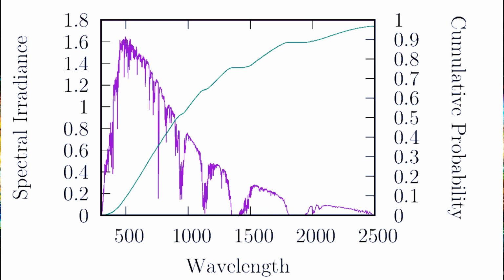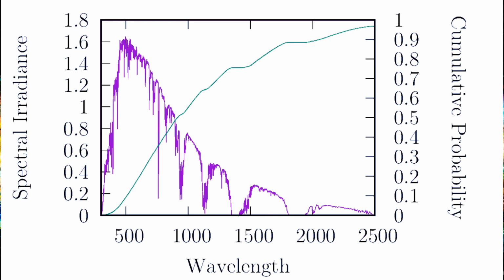The cumulative probability is the integral of that, but it's changed so that it starts at 0. So at the smallest wavelength, the cumulative probability is 0, and at the largest wavelength, the cumulative probability is 1. The probability distribution must be increasing as a function of wavelength.